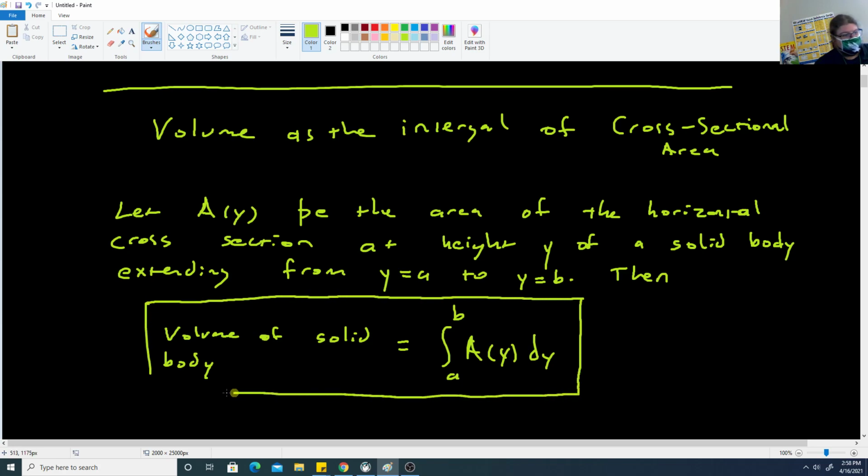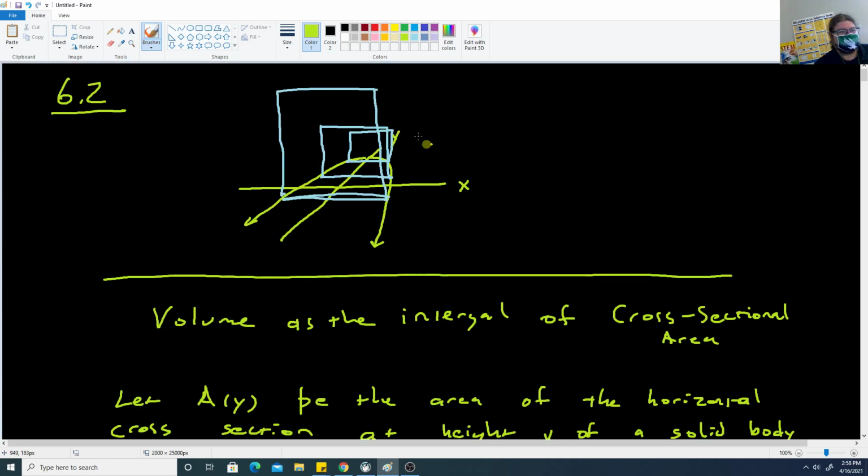So basically, what this means is, like in this problem here, the area function would be represented by one of these little squares, represented by A of y. Each of these squares is a cross-sectional area, and we would be integrating them from the top of the parabola down to whatever barrier you set down there.